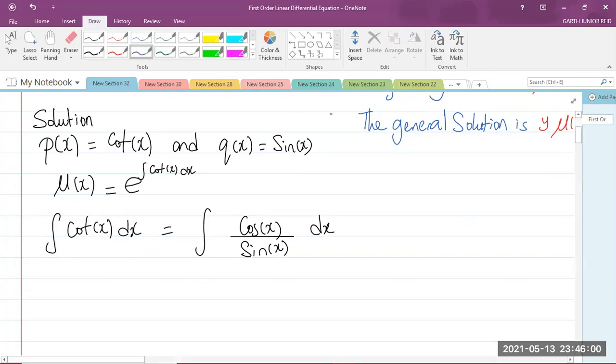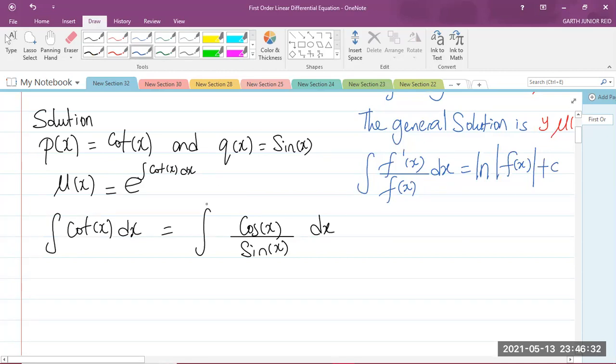Now you ought to know that there's a rule which says if you have the integral of f prime of x divided by the original function f of x dx, then that is equal to ln modulus of the denominator, f of x, plus the arbitrary constant of integration c.